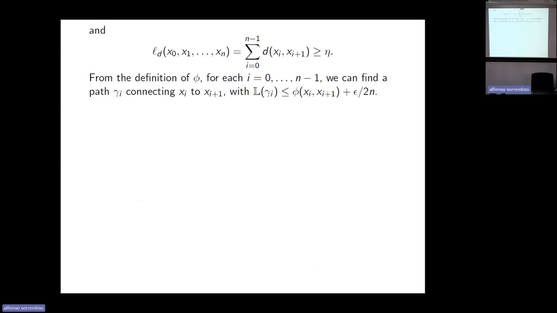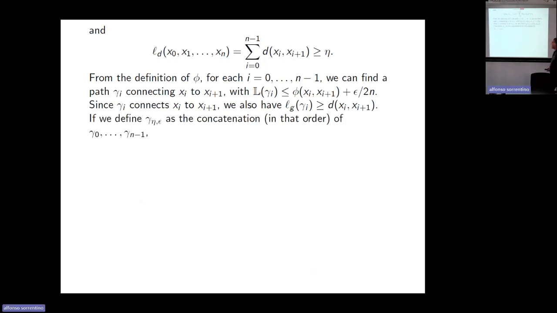Okay, this is because phi is the Mañé potential. So because gamma_i connects x_i to x_{i+1}, the length of gamma_i is at least the distance between the endpoints. Now we take gamma eta epsilon as the concatenation of these curves in that order.